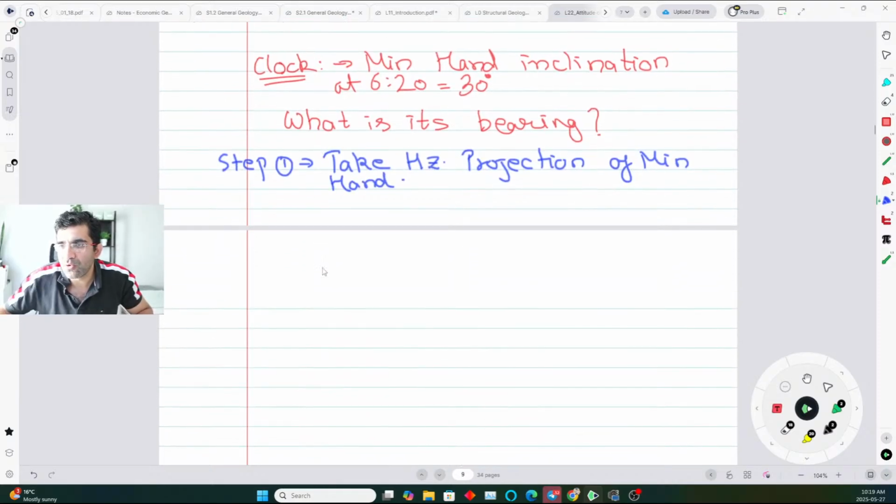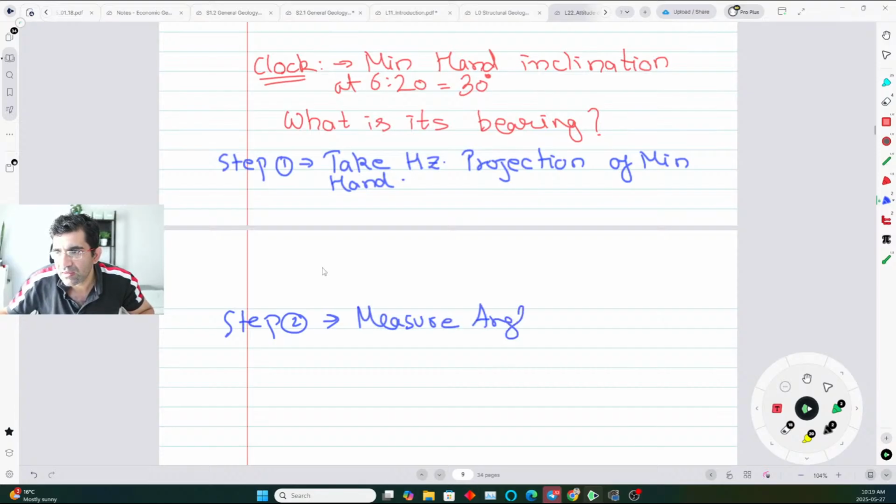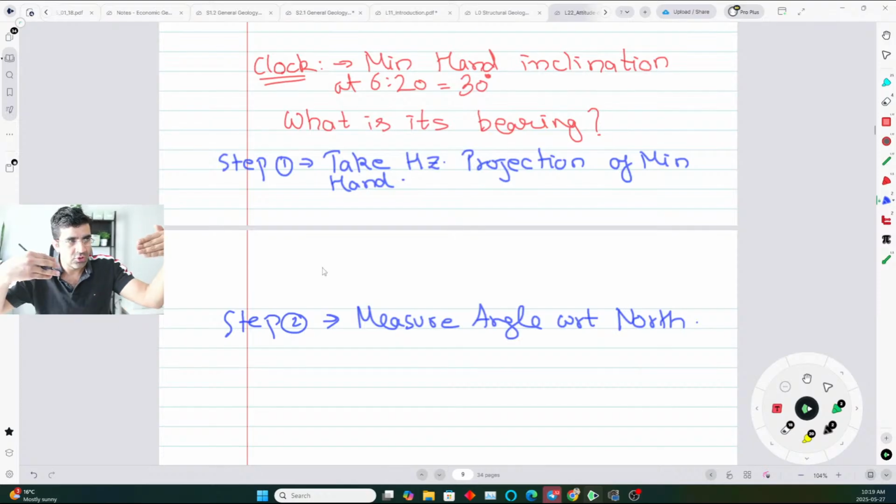And step 2 will be to measure the angle with respect to north. So you get both these things in the horizontal plane. Your first task is to get it into the horizontal plane.